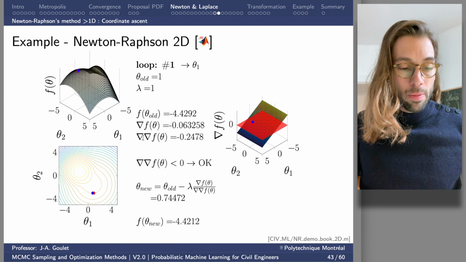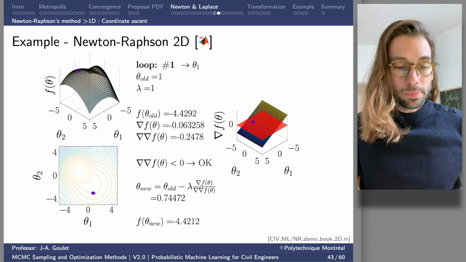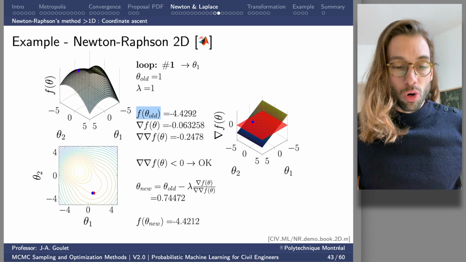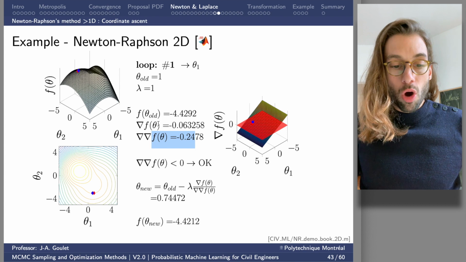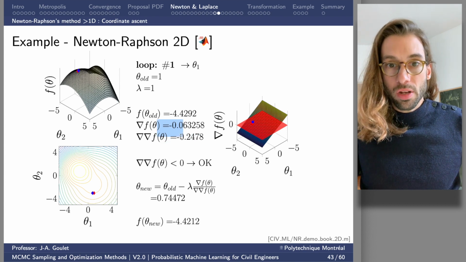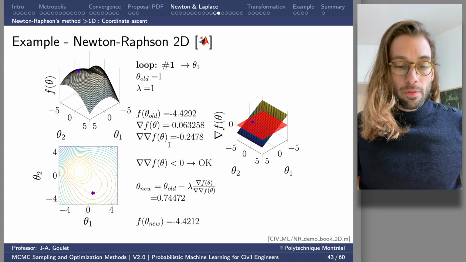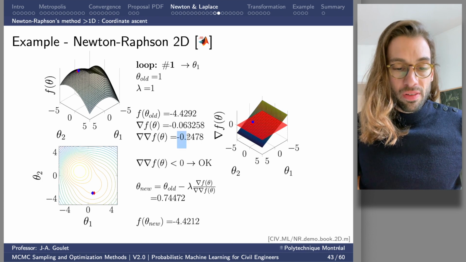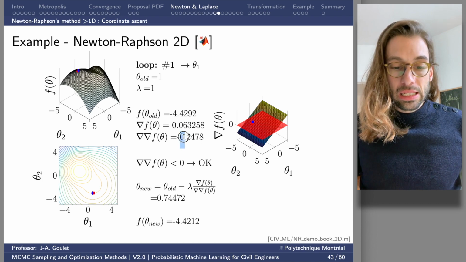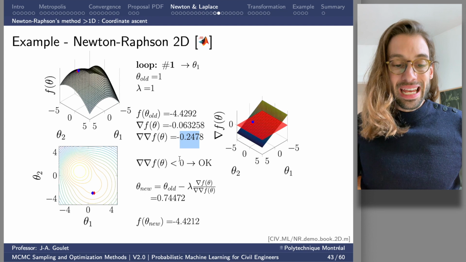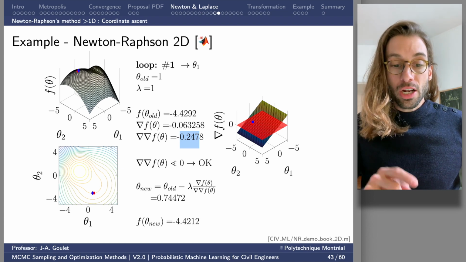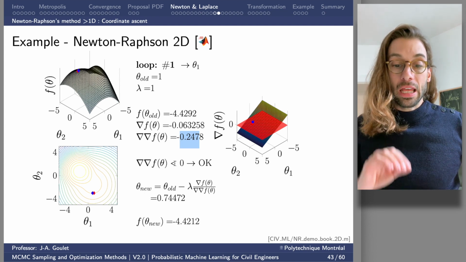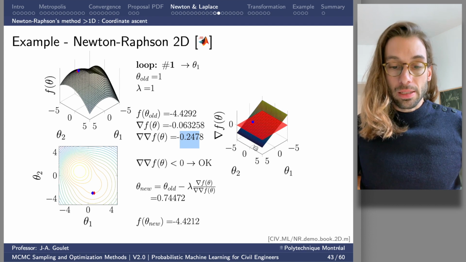My current location is 1, for which my function evaluation is minus 4.42. This is my gradient. This is my Hessian. So 1D gradient, so first derivative, and second order derivative. Here my second order derivative, note, is less than 0, okay? Since it's negative, I don't need to reverse my search direction. I'm really going to point in the direction of my max.